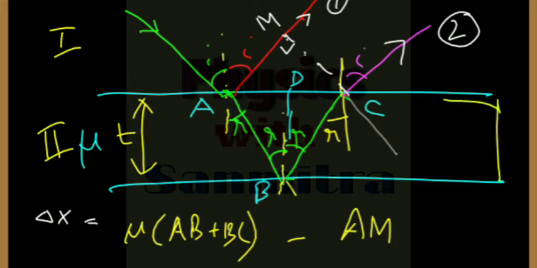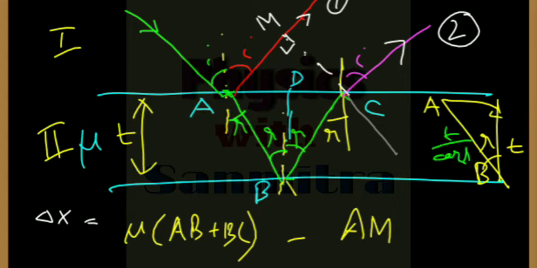Let's see this triangle actually. This is my AB, this is my t, and this is my r. So in this right angle triangle, I can say AB is t by cos r, and AB is equal to BC. Just see here, AB will be equal to BC.